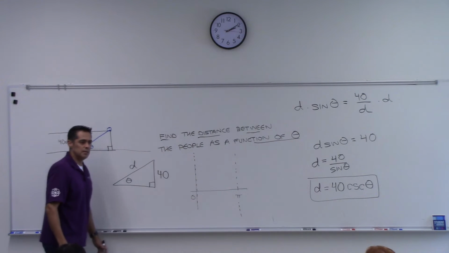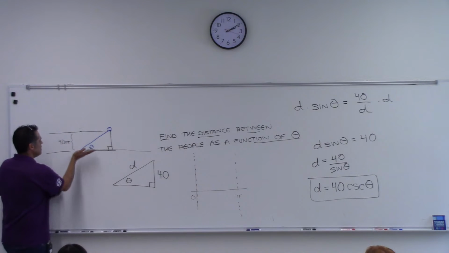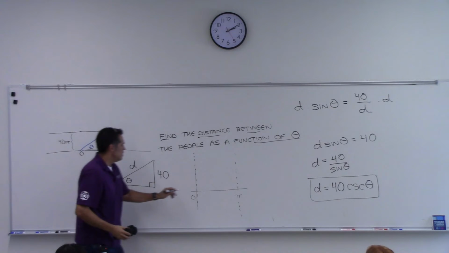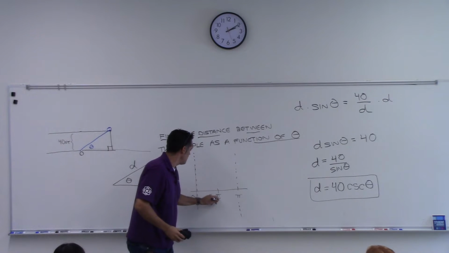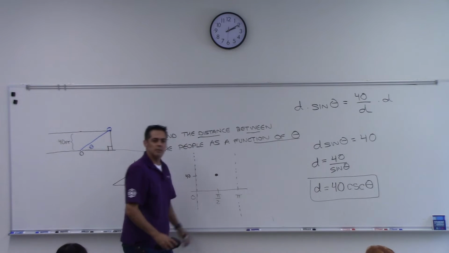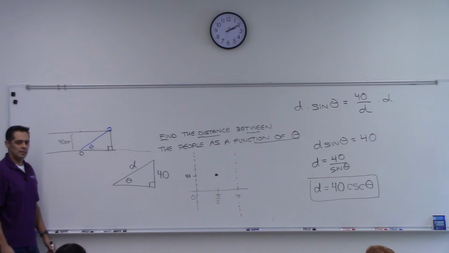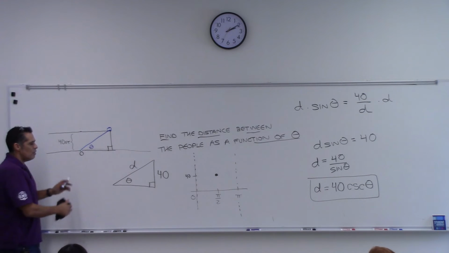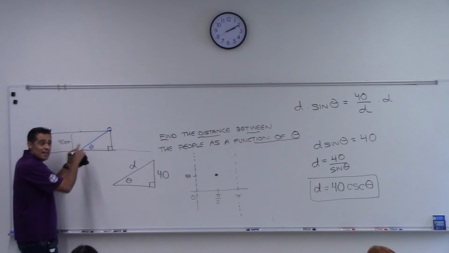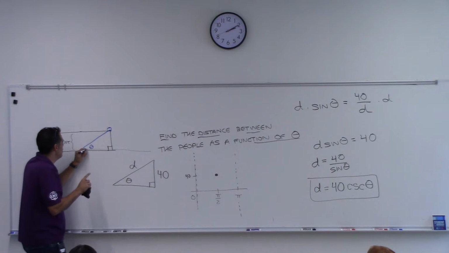Yeah? What would it be at pi over 2? What would the distance between us be? 40. So at pi over 2, let's say that's 40. We're at 40, right? Yeah? What if I tell you that this angle right here is really small? Like what if I say that's like 1 degree?